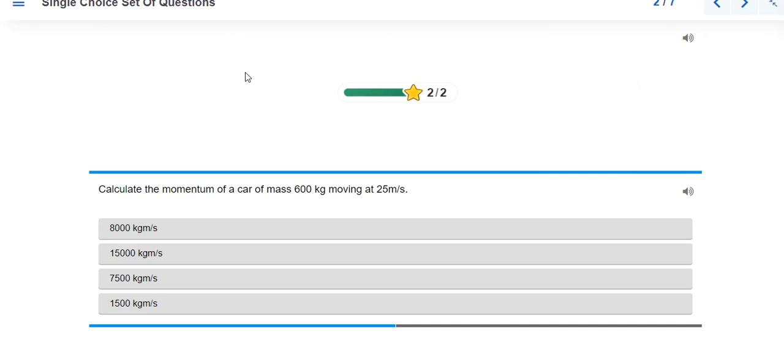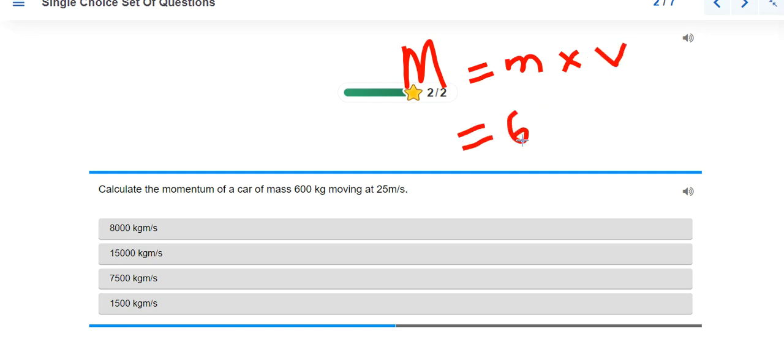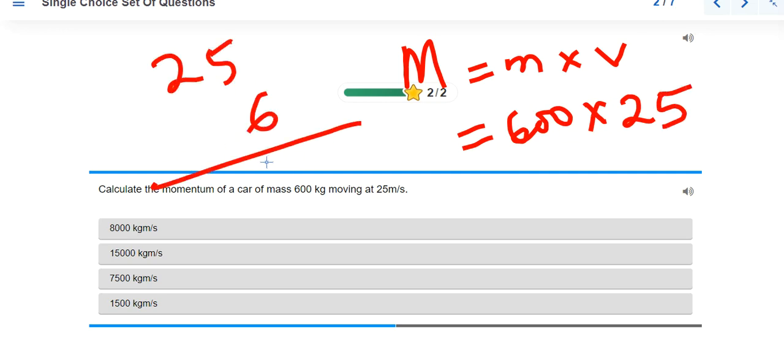Now, also, we have to calculate the momentum of a car of mass 600 kilograms moving at 25 meters per second. That means we have M equals m times v, and that gives us 600 times 25. 25 by 6, that's 120 plus 30.